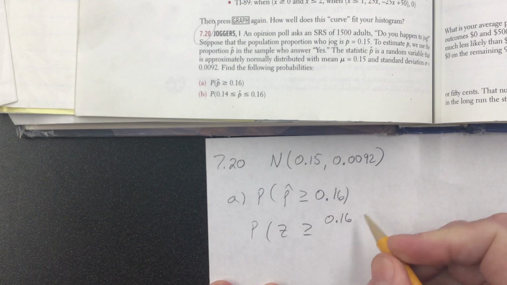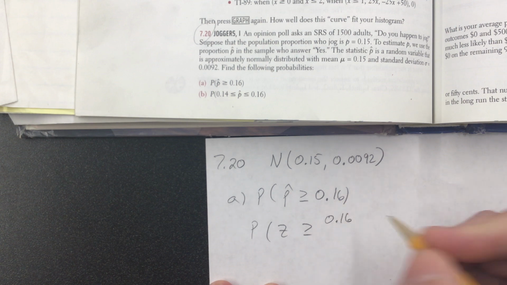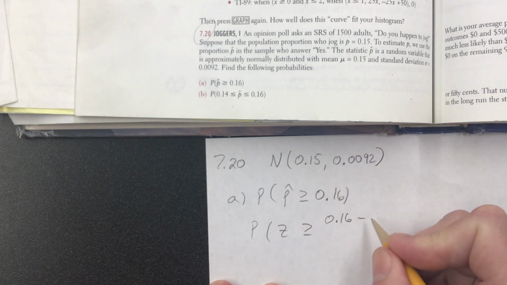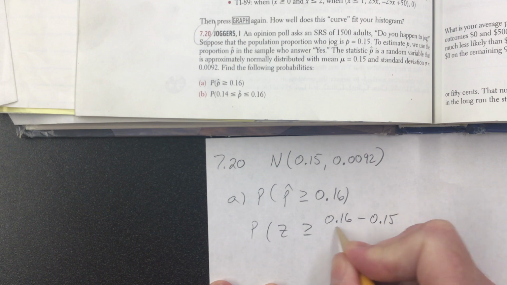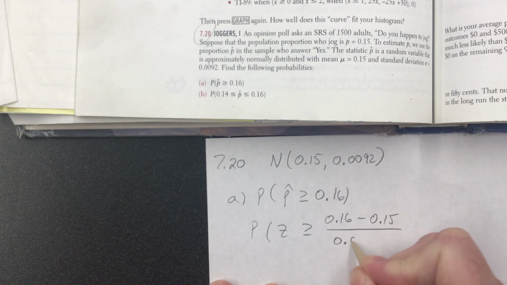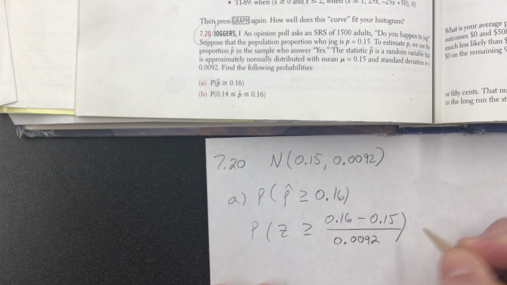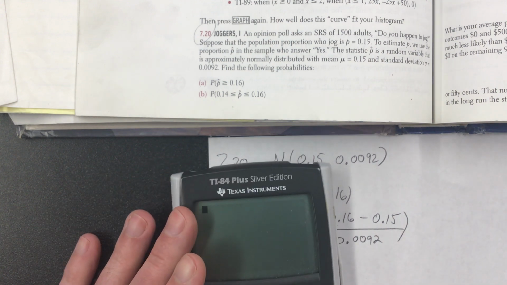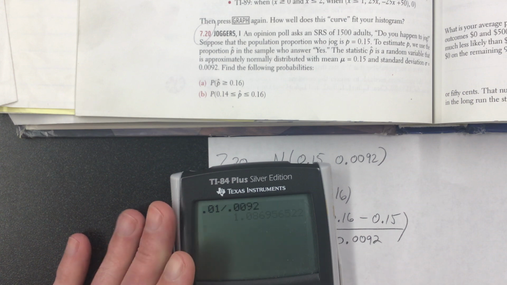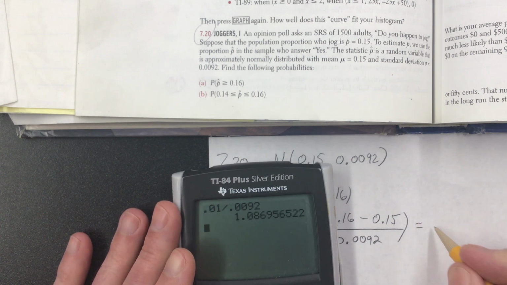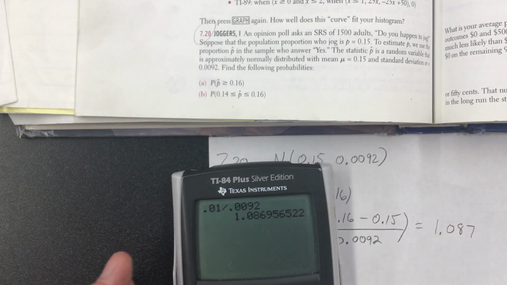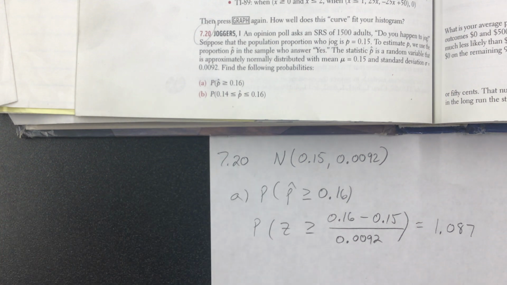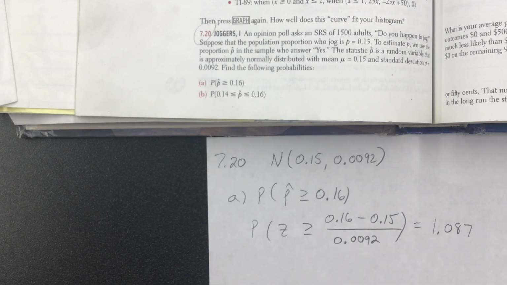So that's the x value that we're interested in minus the mean of the distribution divided by the standard deviation of the distribution. And we get a z-score of approximately 1.087.